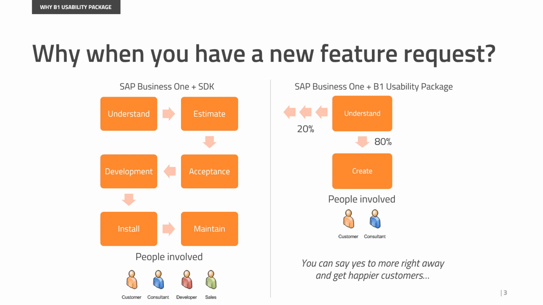You add some function buttons, you make mandatory fields, you do validations, all the goodness of the usability package, what it can do. And the people involved are only the customer and the consultant, and the customer will not see it as a failure. They will more see it as a tweak to their system. In many cases, partners don't even tell that you have usability package. It's just part of Business One.